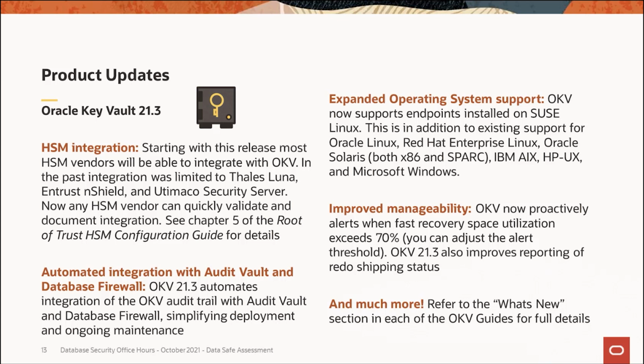We have included alerts when you start to fall low on fast recovery space, and we've made it much more obvious in the UI when one of your Key Vault nodes switches from read-write to read-only mode. That'll now be much more visible for you. And finally, we've added support for SUSE Linux for endpoints.